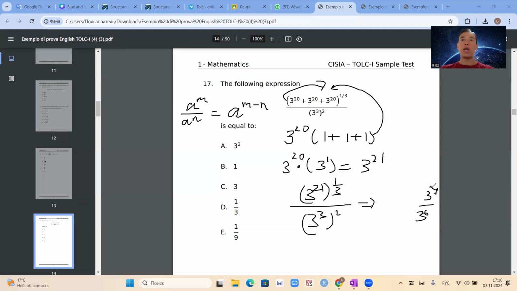So in our case, m is 7 and n is 6, and it will be equal to 3 to the power of 7 minus 6, which is 3 to the power of 1, which is 3. Okay, so far so good?